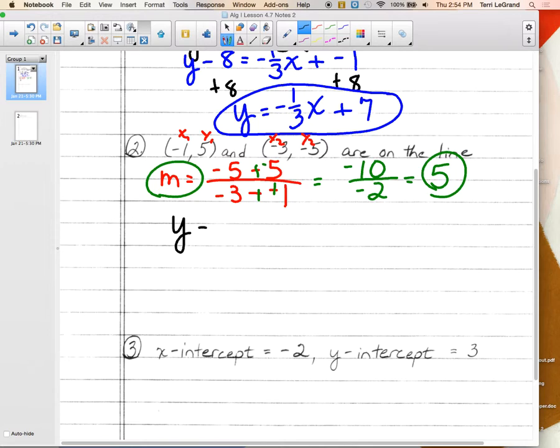How about y subtract 5 equals, our slope is 5 we just found out, x subtract what? Negative 1, right? Then that can become add the opposite. And we'll do our distributive property. Go ahead and finish this one. Let's see what you get.